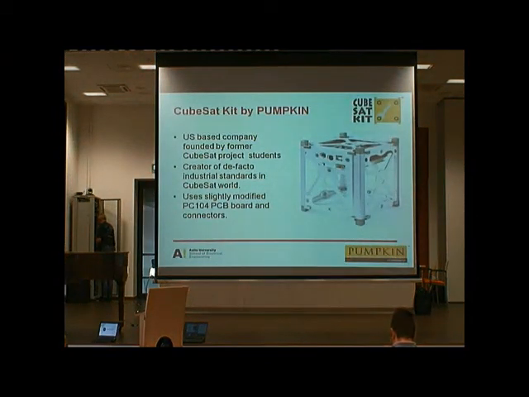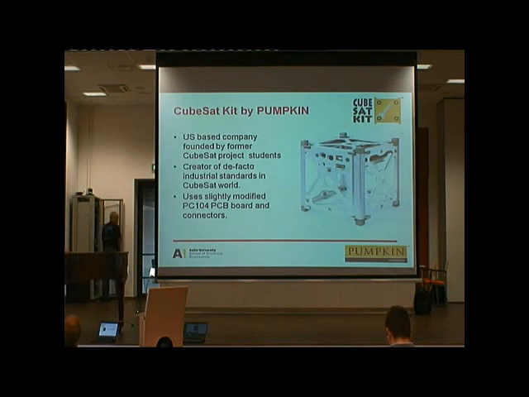There is another important standard, which is sort of an industry standard, which you should be aware of. The very early CubeSat brought to market a company called CubeSat Kit. So people started to sell a small kit, which is a sort of homemade satellite basic kit.